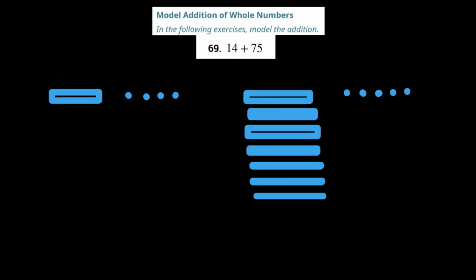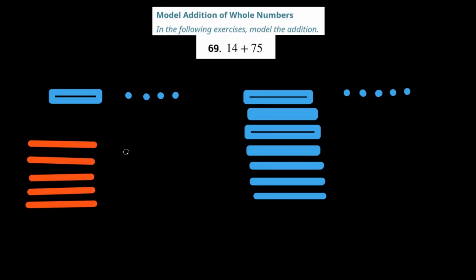We kind of messed up on positioning, but let's do 8 rectangles. And if we add up the ones, we have 1, 2, 3, 4, 5, 6, 7, 8, 9. We have 9 ones.